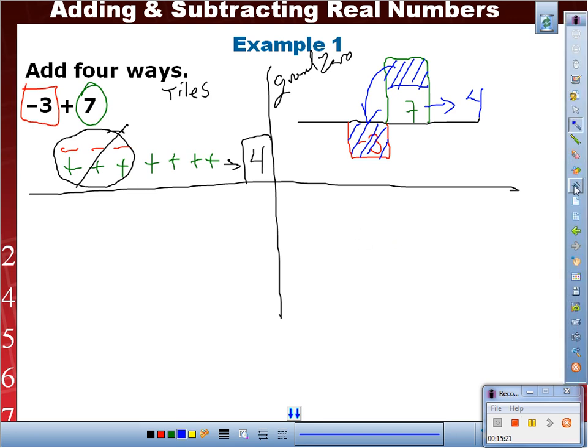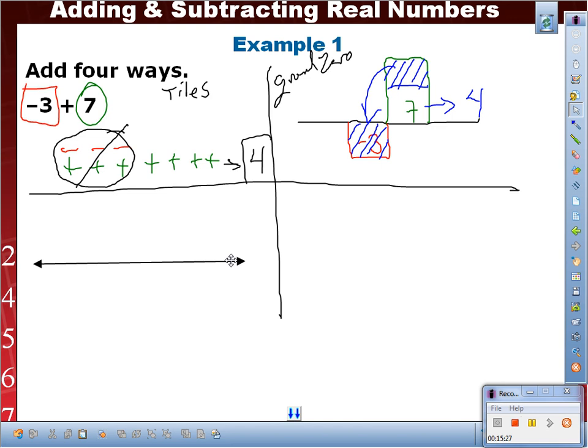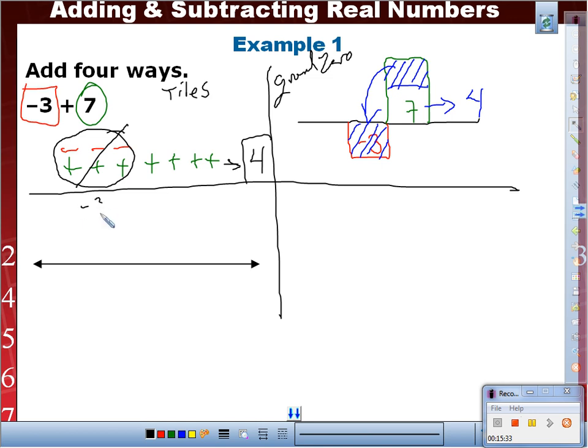All right. Third way. Number line. Draw your number line here. And I'm going to write the problem, which is -3 plus 7. So here we go. Always start at 0. Tell your neighbor what I just said. So here we go. First number, -3. That tells me to go to the left 3 steps starting at 0.